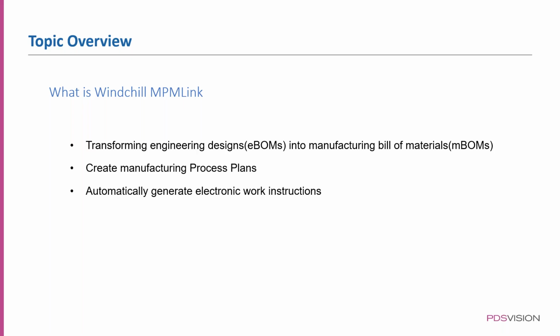And in the end, for each process plan, we have a dynamic work instruction generated. This dynamic work instruction is automatically generated on a process plan, and it can serve as an HTML page which will have all the step-by-step information of all the operations you are supposed to perform.